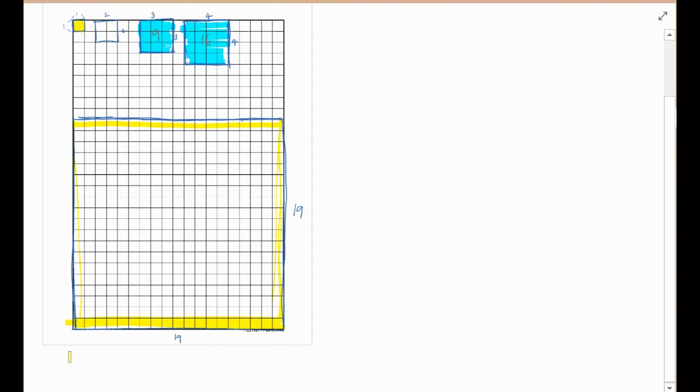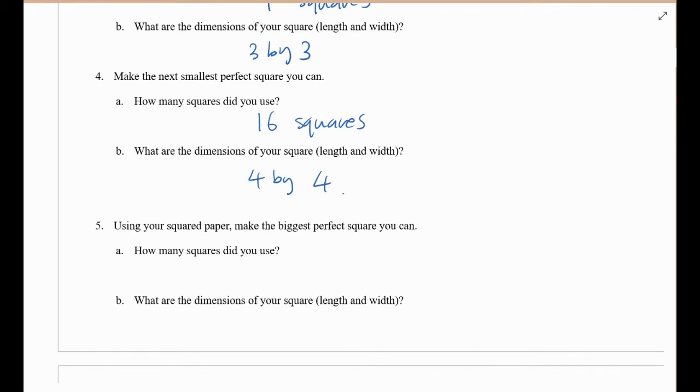Then that is 19 by 19 squares, and that is 361 squares. Okay? So let's write down the answer. 19 by 19.